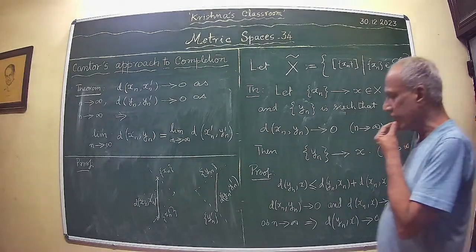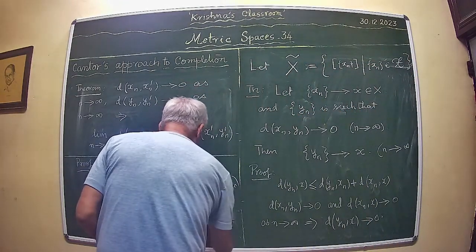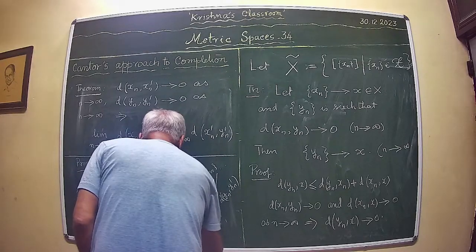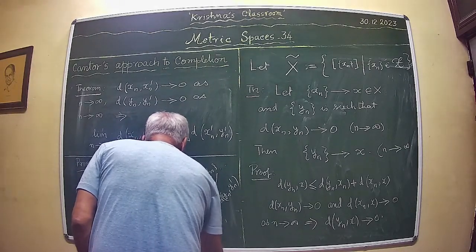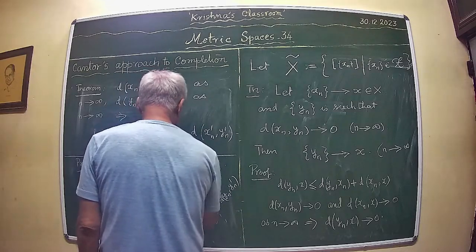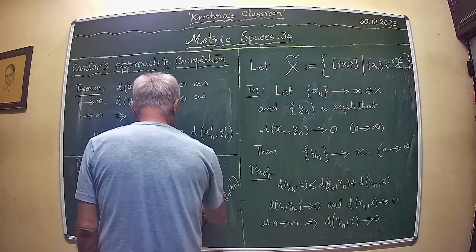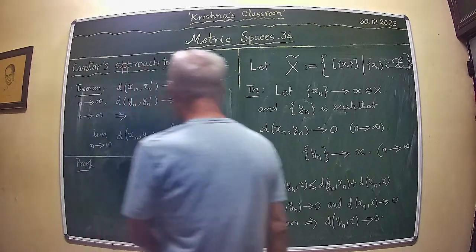Now what it says is that suppose you consider this distance. What is this? This is d(x_n prime, y_n prime). This is the distance d(x_n, y_n).